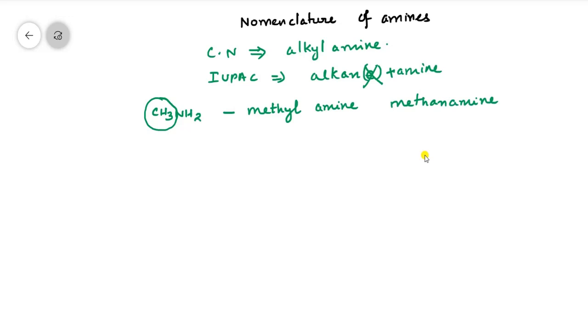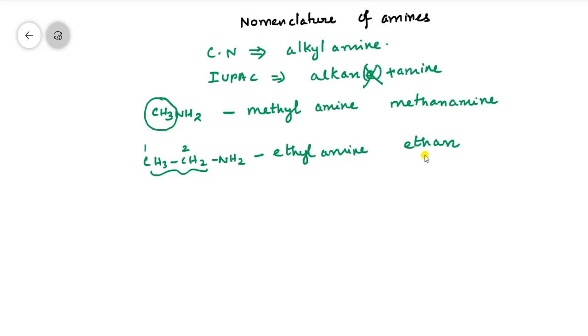So this is IUPAC. See this example, CH3CH2NH2. The alkyl part present in it is the ethyl group. So the common name is ethyl amine, and for the IUPAC name, the long chain consists of two carbon atoms, so the alkane is ethane.